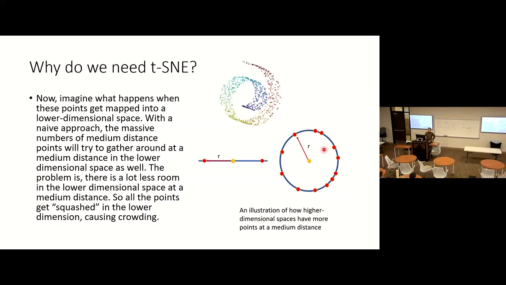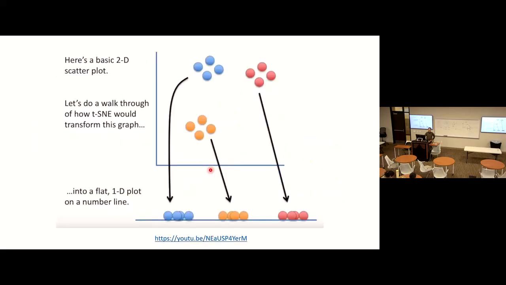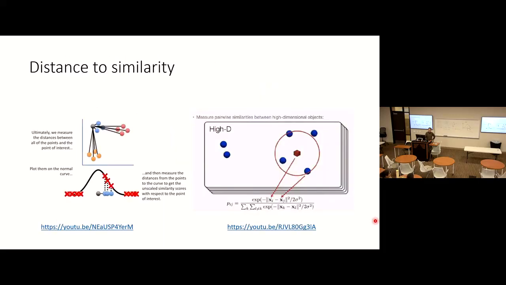In this case, if you have a shape like this and you project it into low dimension space, they all crowd onto each other, but we try to move them around to make them more separable. So in this case, the 2D is not projected onto the X or Y axis, but is regenerated and put into low dimensional space.